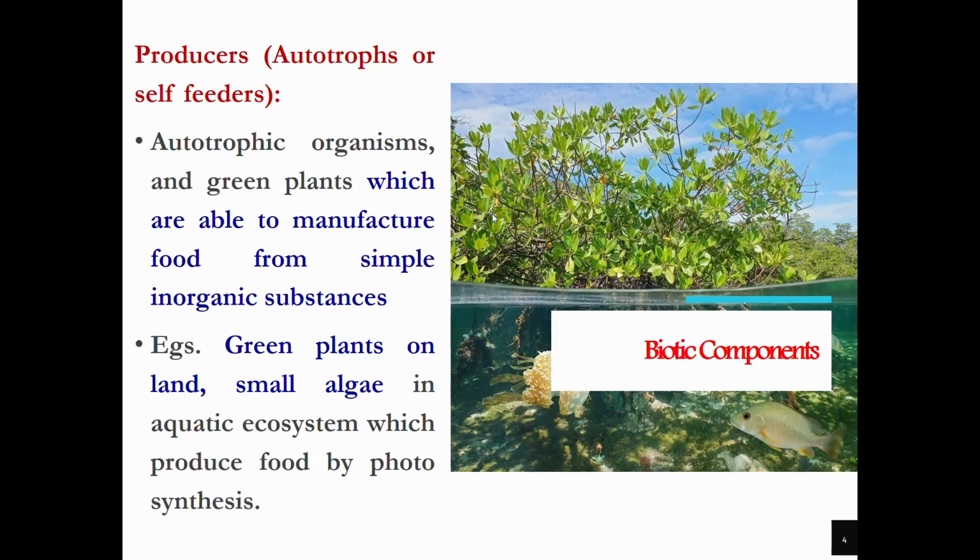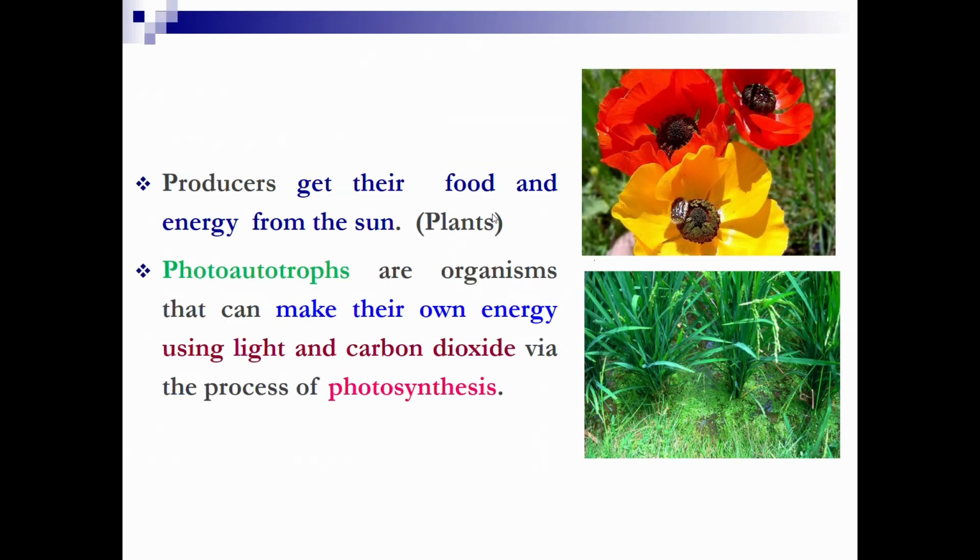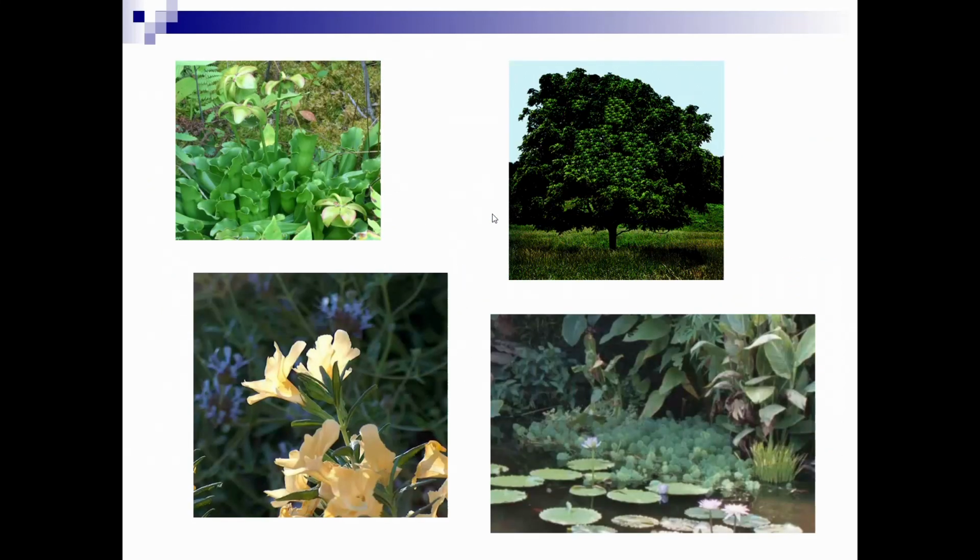Next is the producer, which is also called an autotroph, which is able to manufacture food for itself. These are normally green plants, also called photoautotrophs. They can make their own energy with the support of light and carbon dioxide through the process called photosynthesis.